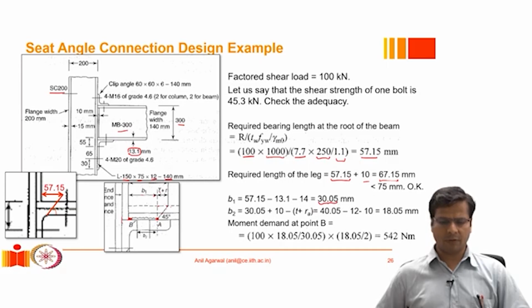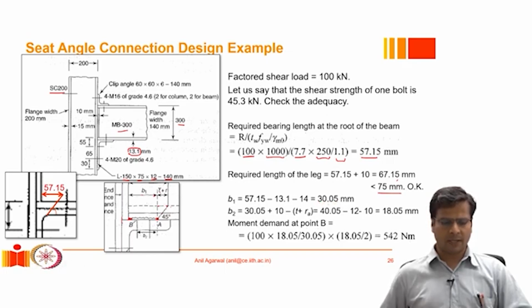Okay, and that's what we will use here. So we need the leg to have at least a dimension of 67.15, and the angle that we are using has a leg width of 75 millimeters, which is more than the minimum required, and therefore this is safe. So we have enough width available in our leg to handle this kind of load.